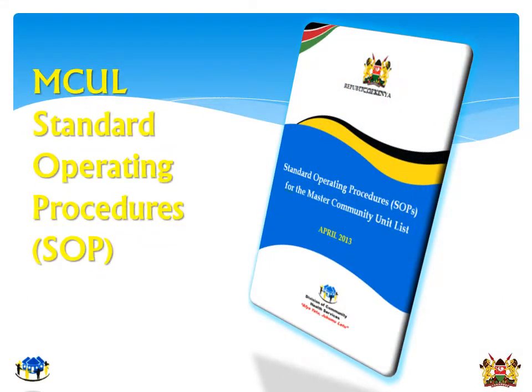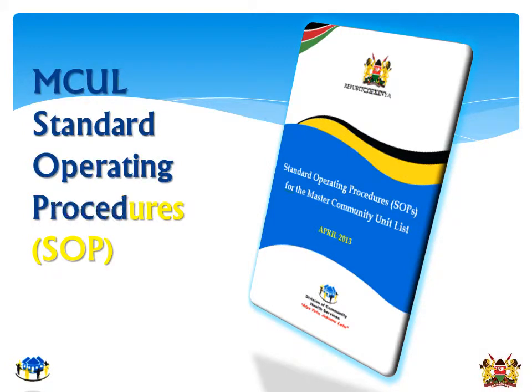We also have the Standard Operating Procedures Manual that provides specification on data requirements to be entered into the MCUL to ensure that the data contained is reliable, relevant, and consistent. The manual is targeted at super users or systems experts.